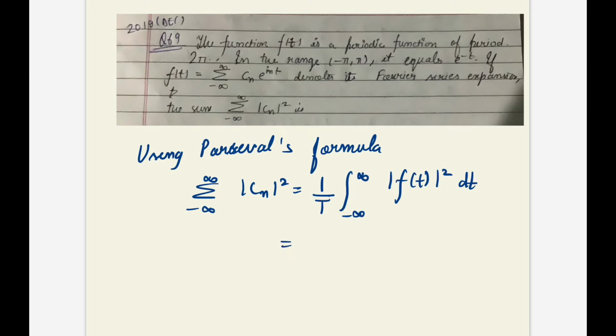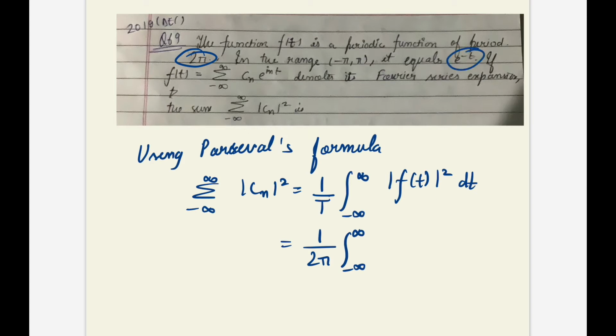Here T is the time period, which is 2 pi. So 1 upon 2 pi times the integral, and f of t is given to be e to the power minus t.